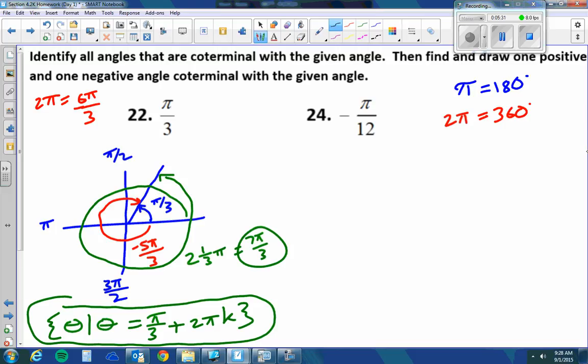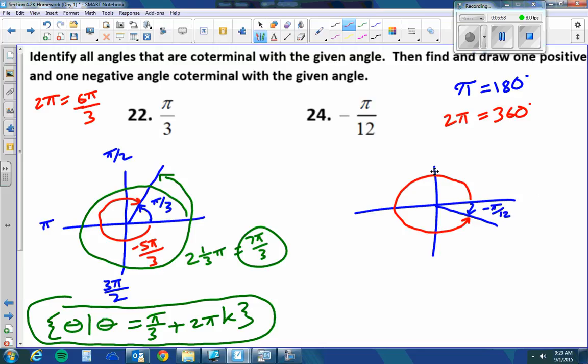Now, I'm going to do the last one. I'm trying to be quick about it. So first of all, negative pi over 12 is a little bit backwards into the fourth quadrant. So you should just draw it like that. And then if you go the other way around, and this is in the positive direction now, all the way around is, we said, 24 twelfths. So 24 minus 1 twelfth is 23 twelfths.